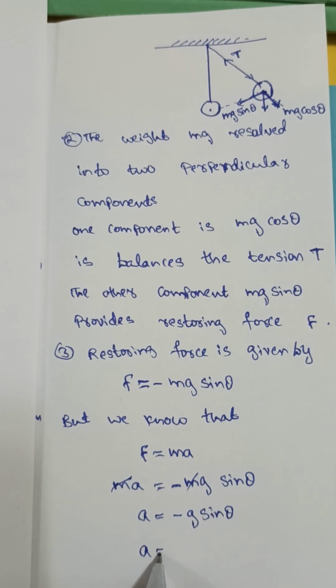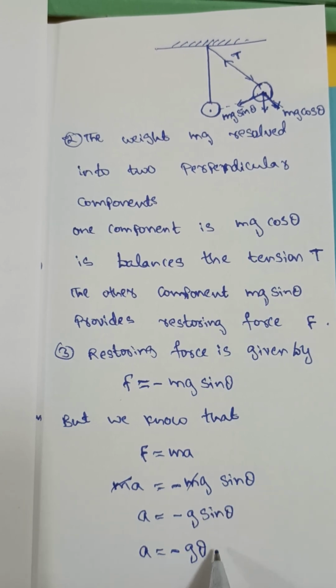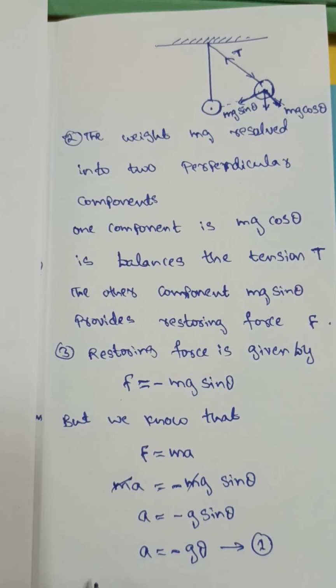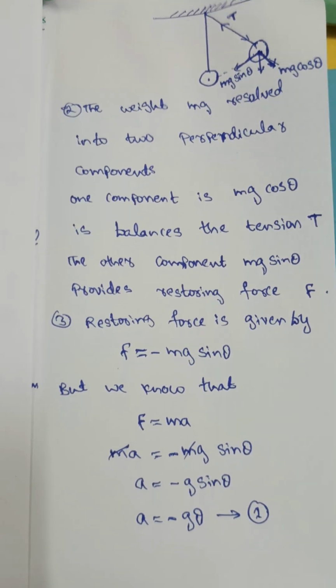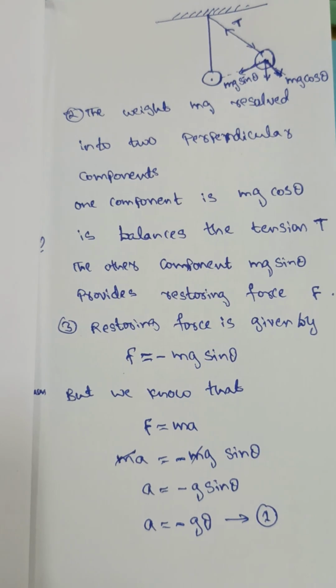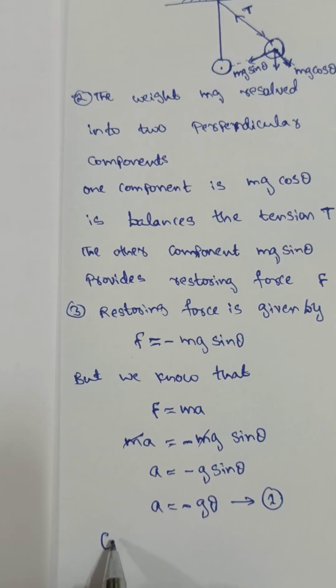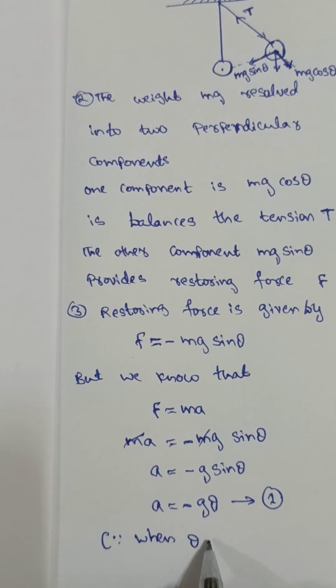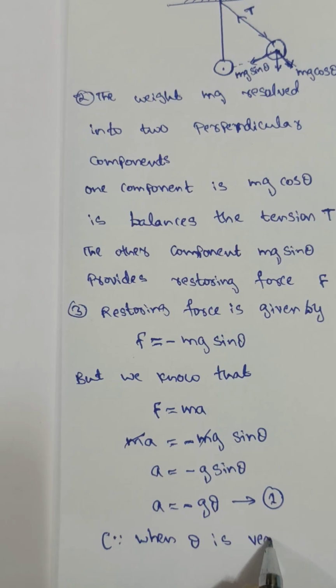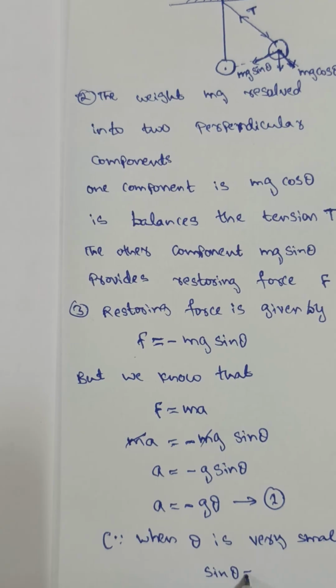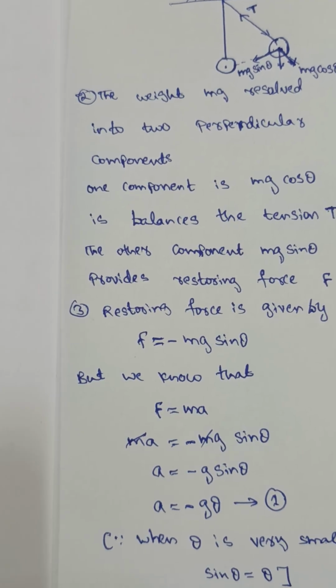Next step, a is equal to minus g into theta. Take it as first equation, since when theta is very small, sin theta becomes theta.